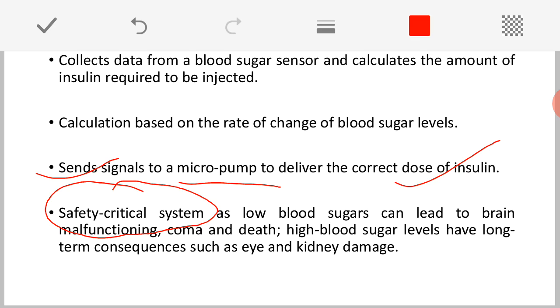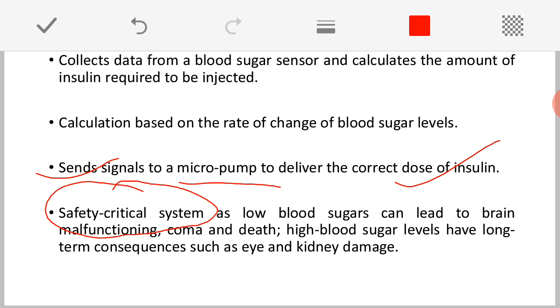It may cause the death of the patient. So, that is why we are using the words safety critical. Safety is very much essential, and the system is very much critical for the patient. Why? Because at regular intervals, the system should be capable of calculating the correct amount of insulin. That is very much essential here.